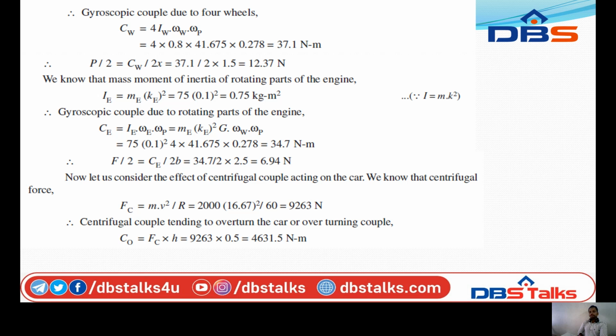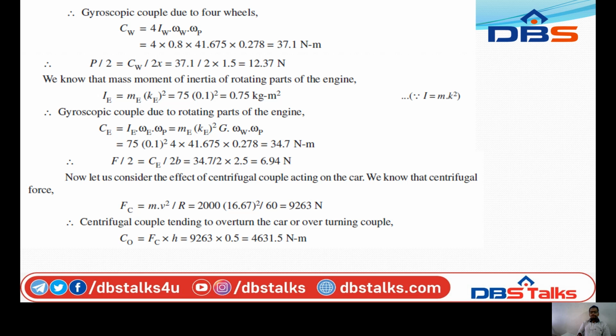Then the gyroscopic couple due to the rotating parts of an engine is I omega omega p, where for the engine we indicate IE into omega E into omega p. So substituting all the values, we get the gyroscopic couple due to rotating parts of an engine as 34.7.